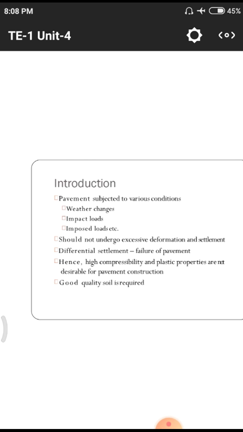First of all, we have to know what things are involved in the design of a pavement. Normally if you want to go for a particular design, we have to focus on the factors involved in the design, so we need to observe the factors.